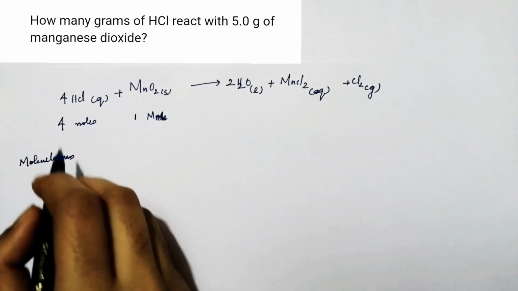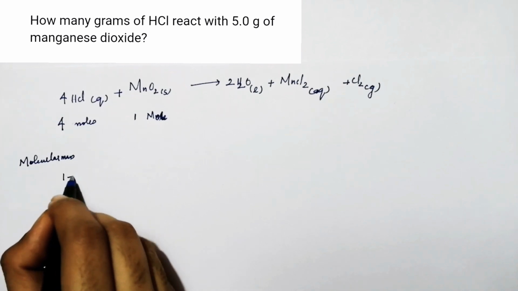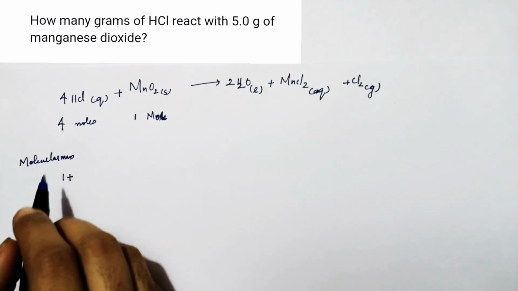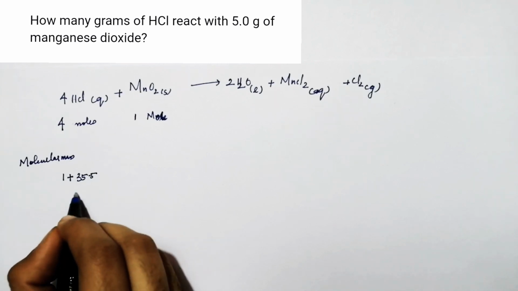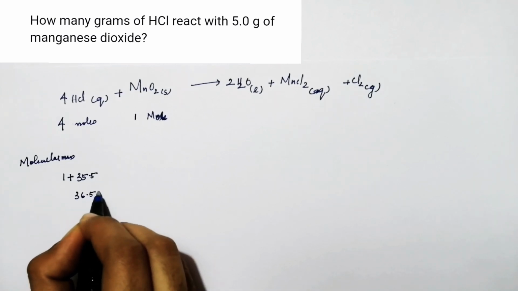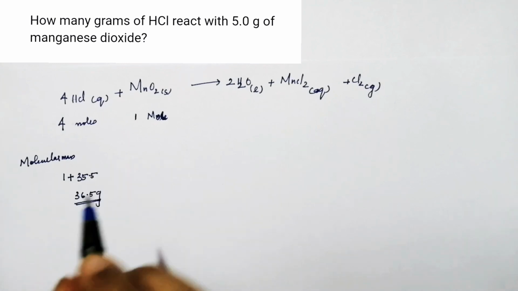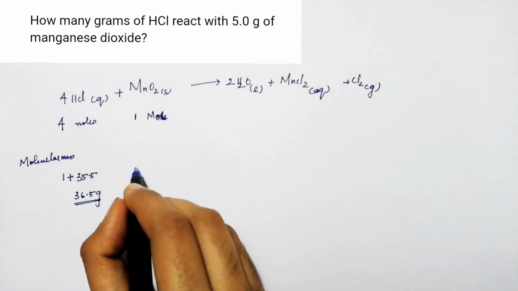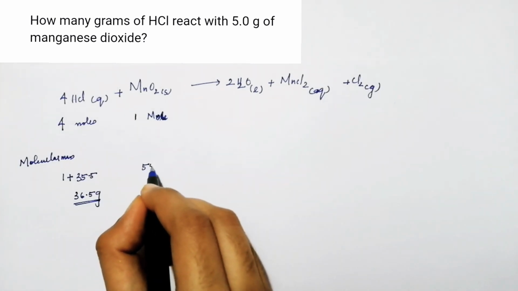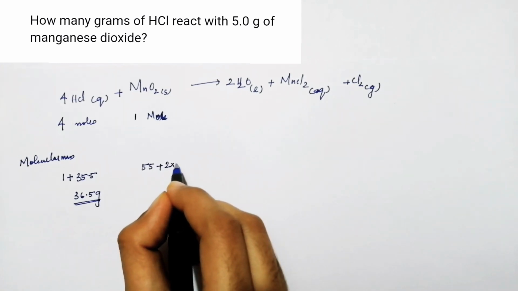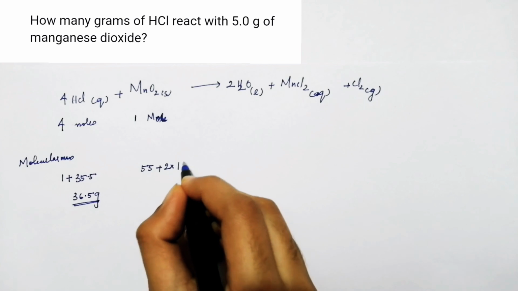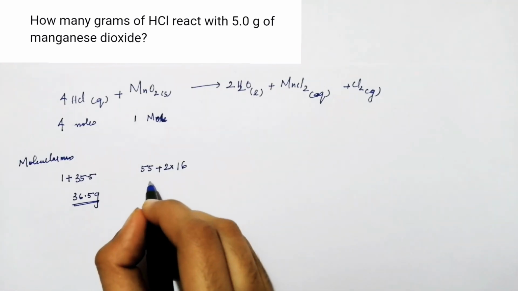So for HCl it is 1, that is the atomic mass of hydrogen, plus chlorine, that is 35.5, which gives us 36.5 gram. And for manganese dioxide, we know the atomic mass is given as 55 for manganese plus 2 atoms of oxygen. So 2 into atomic mass of oxygen, that is 16, which gives us 87 gram.